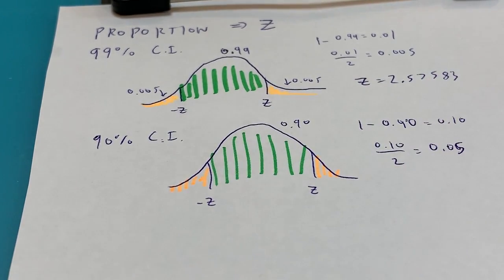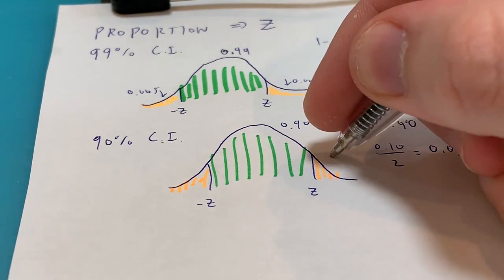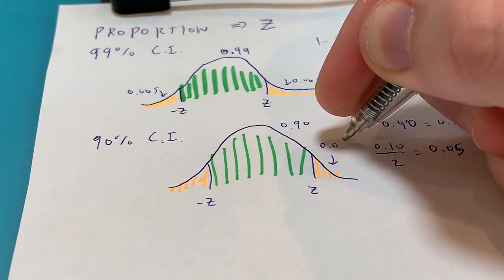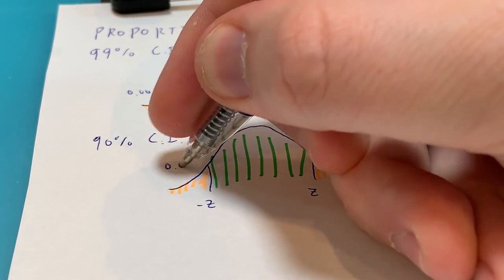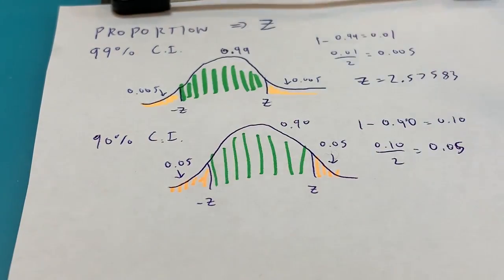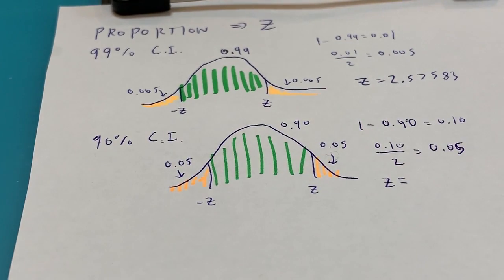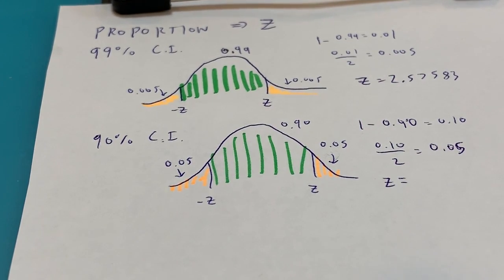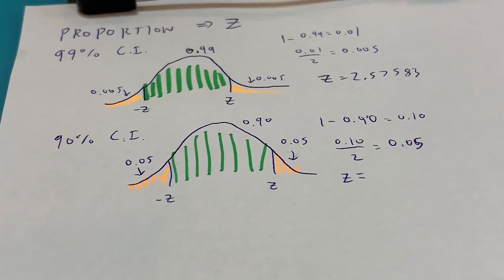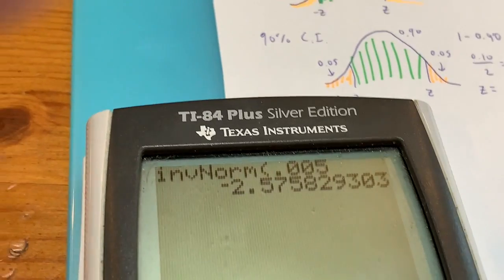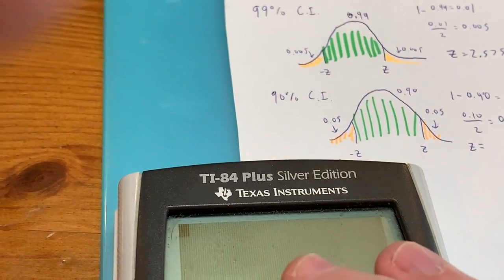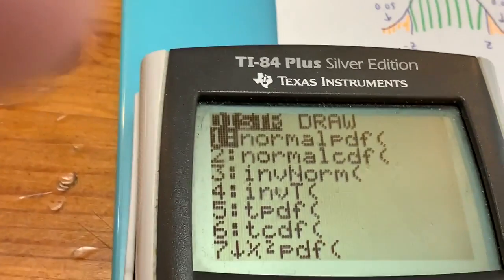And so that means that the upper tail has 0.05 area, and so does the lower. And then same question here, what z-score splits the curve in such a way so that you get 5%, 0.05, above it? Going back to the graphing calculator again, let's do the same thing here.